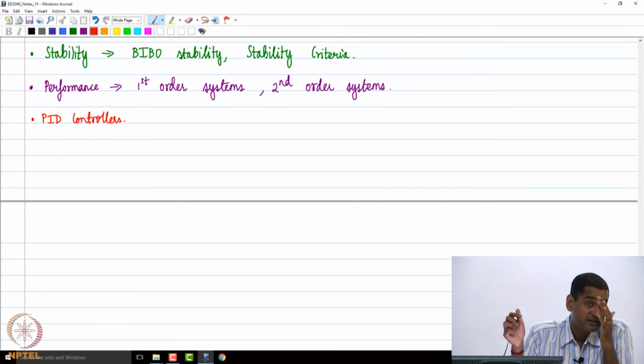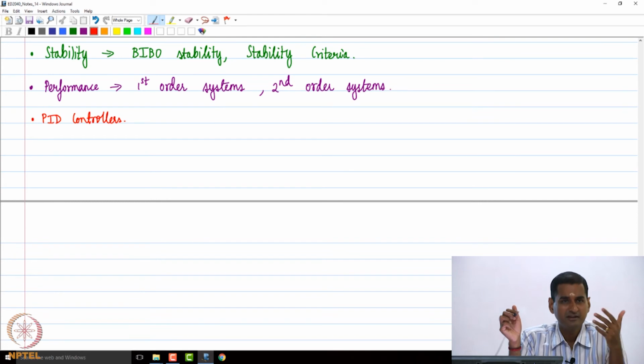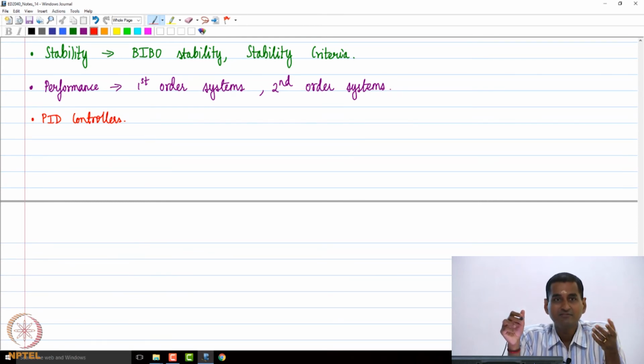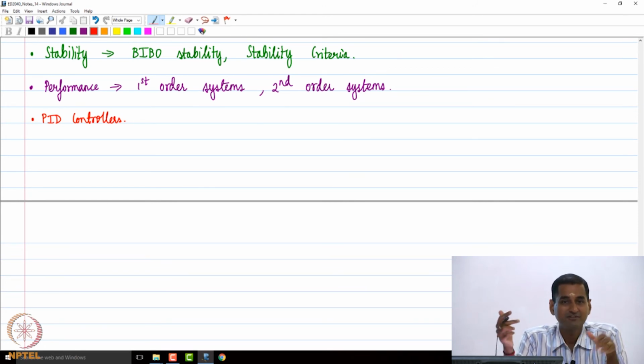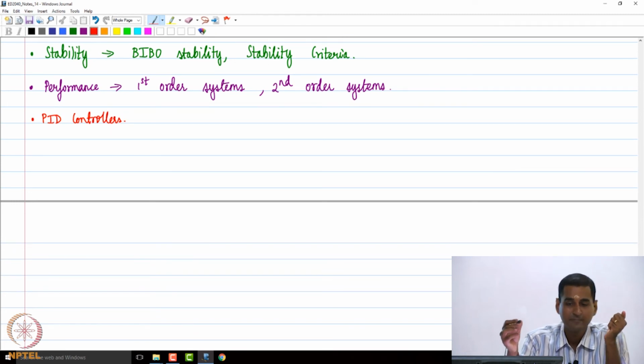And essentially we did a few examples, and we got an intuitive feel of when to use what, right, because when we have poles at the origin or poles on the imaginary axis, what to do, and when we have poles in the right half plane, which controller would suffice and so on. So those things we figured out by doing a few examples.